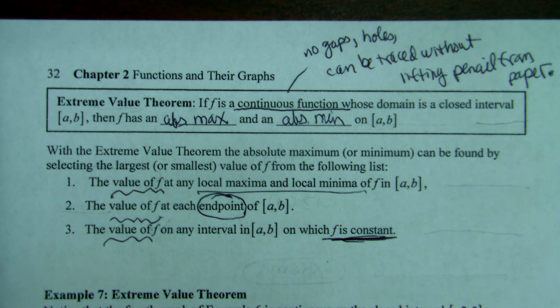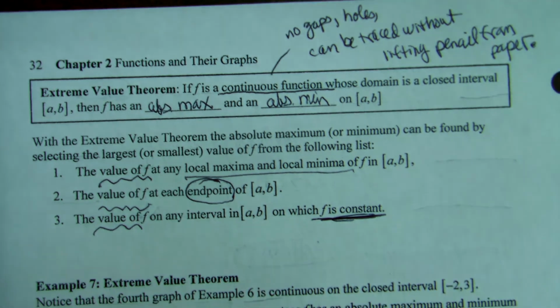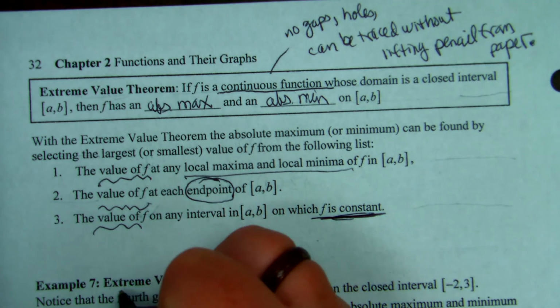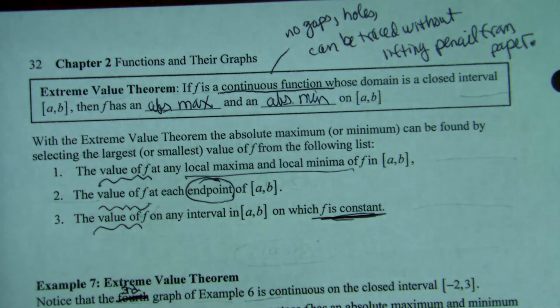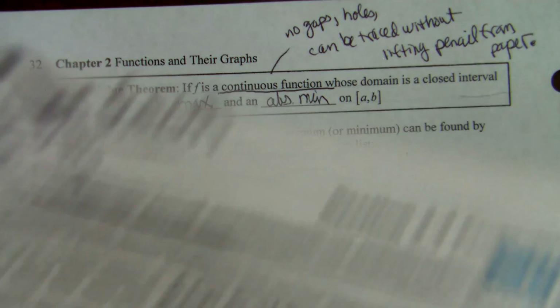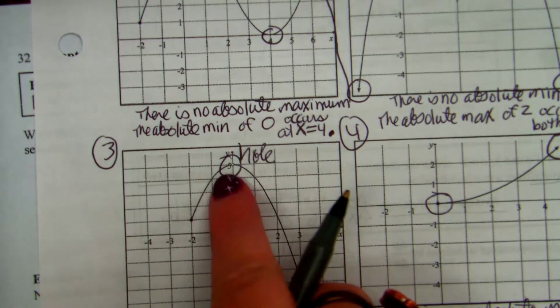Notice that the third graph, it says fourth, but when we look at the graph right here, this third graph has the hole right there.